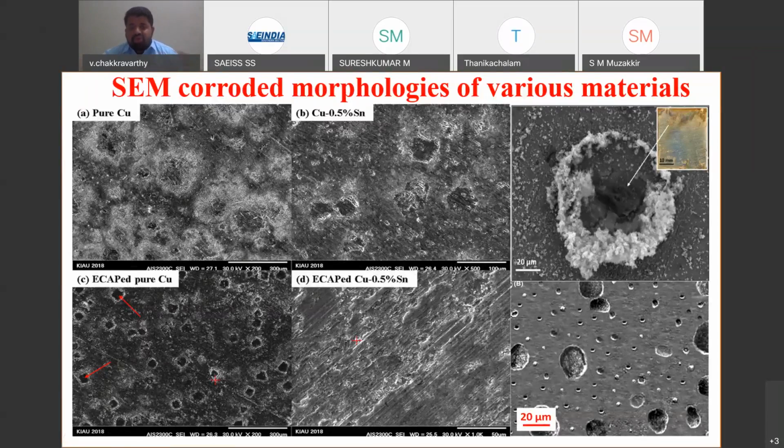These are the most common surface morphologies of a corroded sample. If a sample has undergone corrosion, most materials will come into this category within these 6 figures. This is how corrosion morphology generally looks when we observe it through SEM, scanning electron microscopy. If we see the rusted area, this is how it will appear.